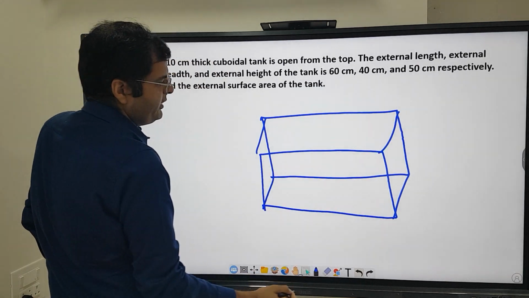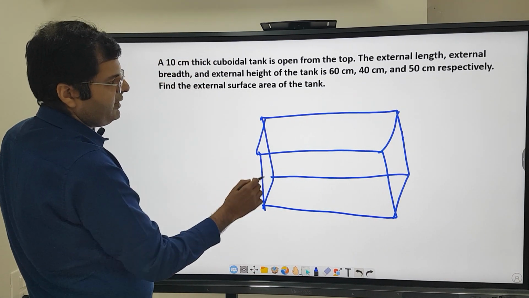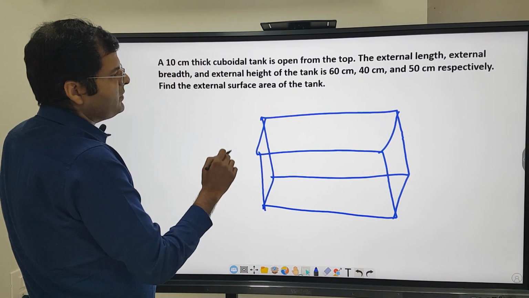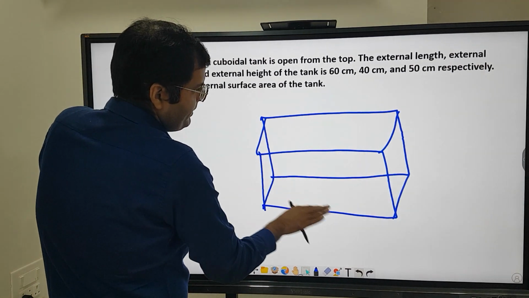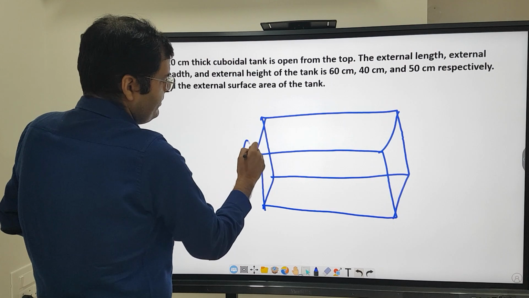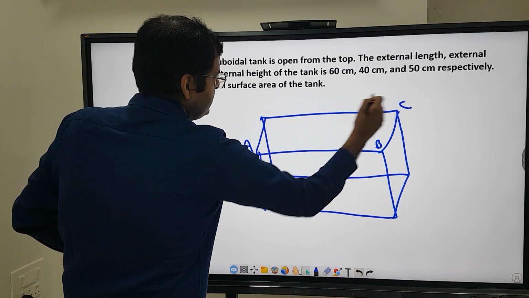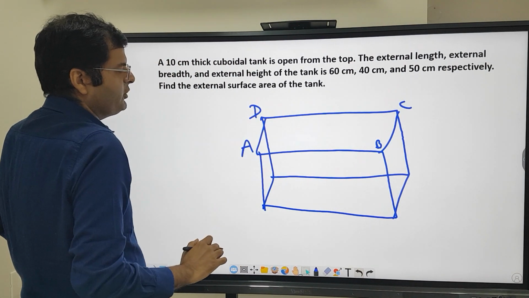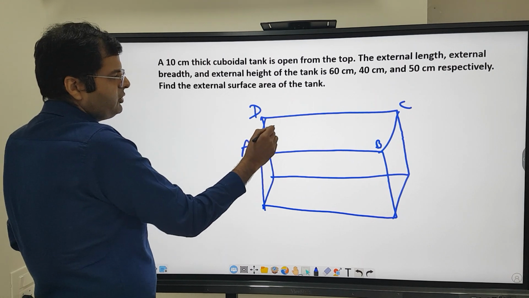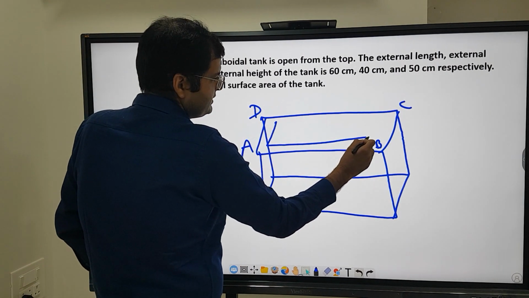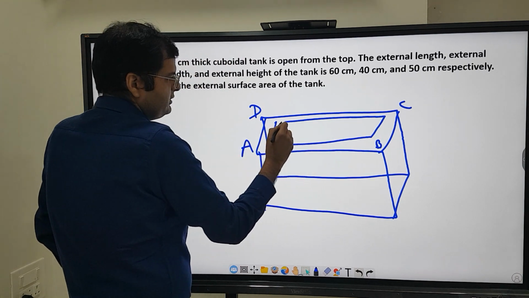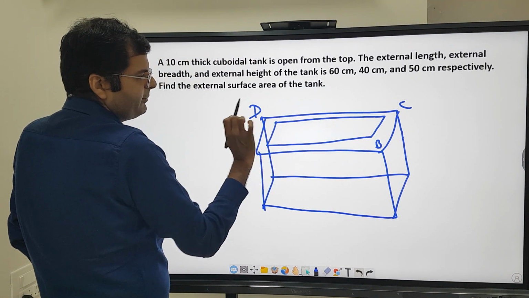Let's say this is the cuboid that you have. Let's say this is the base and I'm marking A, B, C and D. Let's say this is the top of the cuboid. Now the tank is open from the top, so in between there is a hole.